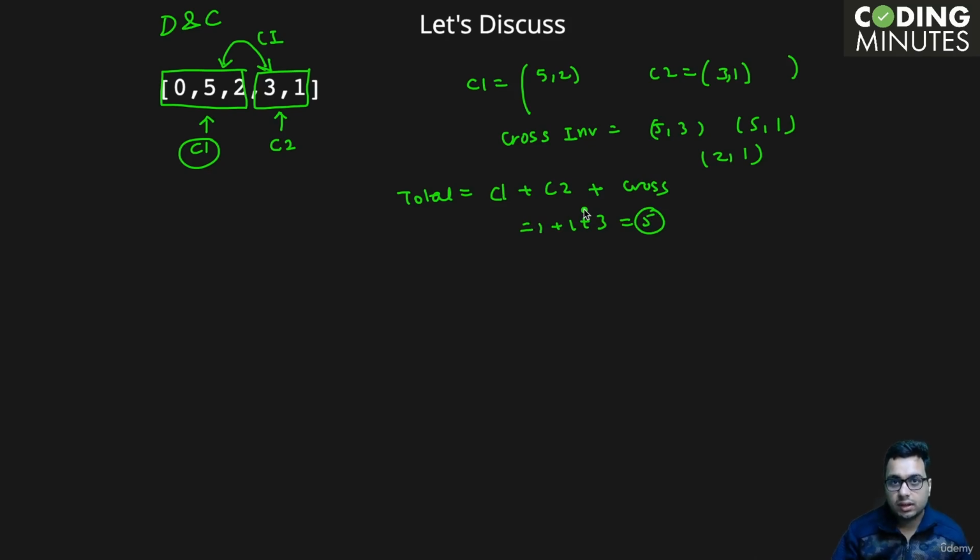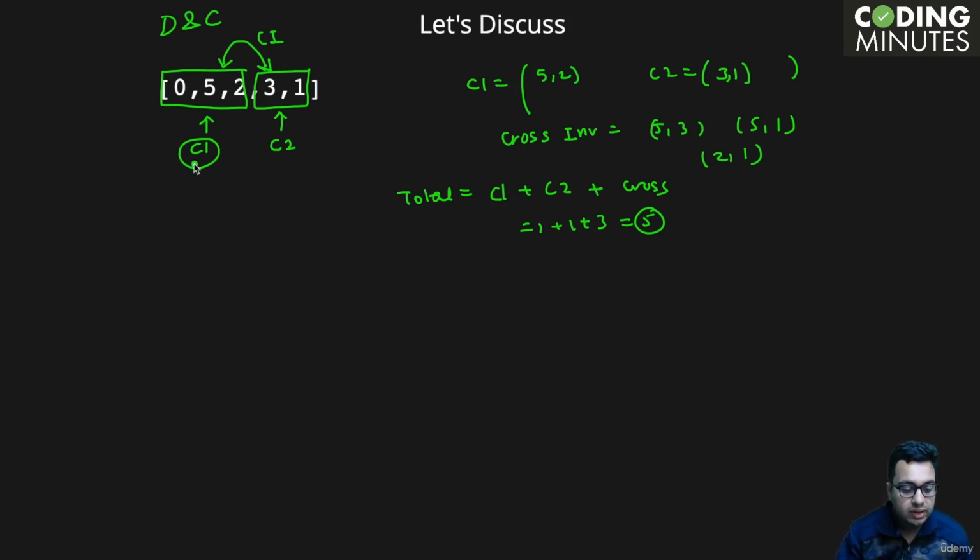Now we figured out how we can solve this problem using a divide and conquer algorithm, and we are quite sure that this will help us reduce complexity compared to a brute force solution. Now let us further analyze how we solve this. How do we compute cross inversions?